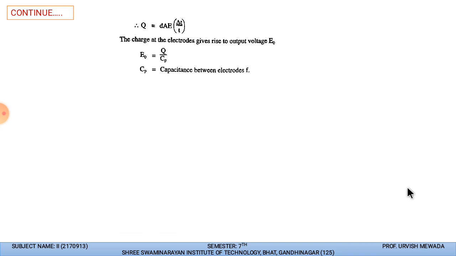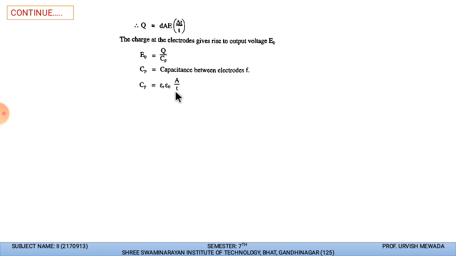The charge at the electrodes gives rise to the output, that is E0. The equation of E0 comes from the capacitance between two plates, so Q is equal to Cp, where Cp is the capacitance between electrodes, and Cp can be written as epsilon 0 epsilon r A by t, where t is the thickness.